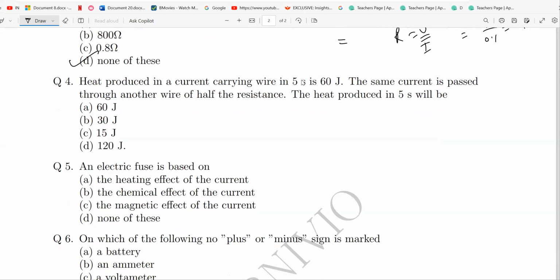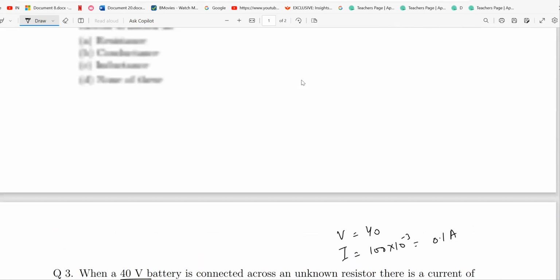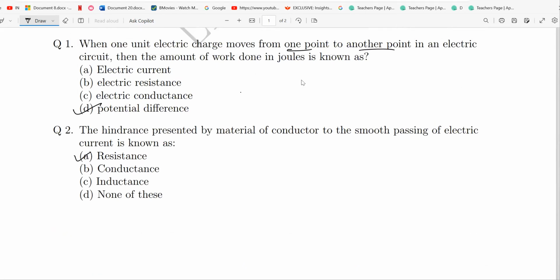Next question, sir, in question number 2, it should be resistivity, right? Since it's talking about only the material of the conductor. Hindrance presented by a material of a conductor to the smooth passing of current is known as resistance.